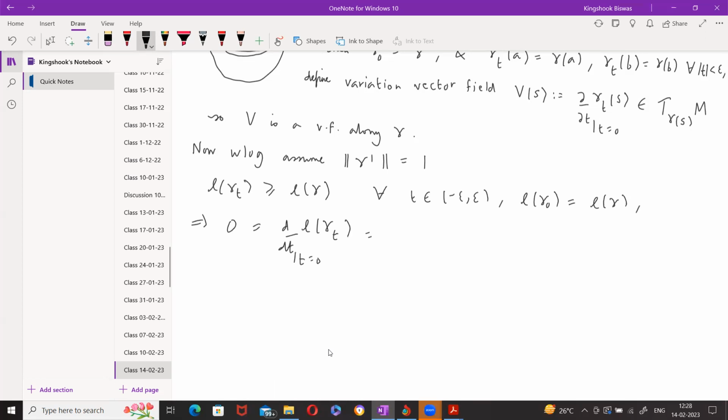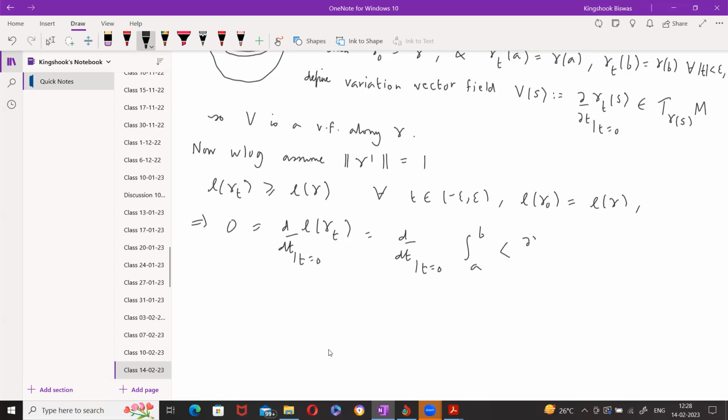This is d/dt at t equal to 0 of the integral from a to b of, let me write it in this form, the norm of the tangent vector.